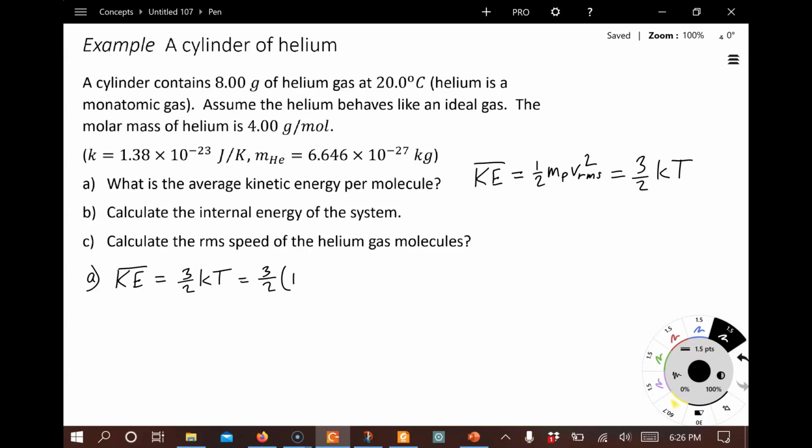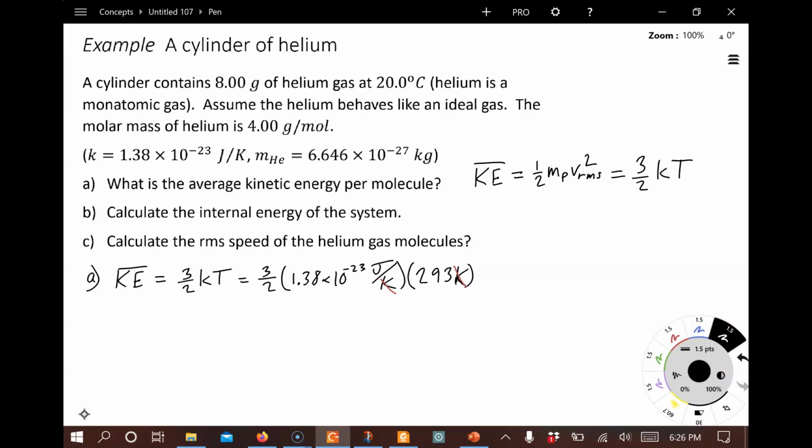We can tell that because Boltzmann's constant, for example, is given in joules per Kelvin. And so if we want to convert 20 degrees Celsius to Kelvin, we need to add 273, which is going to give us 293 Kelvin.